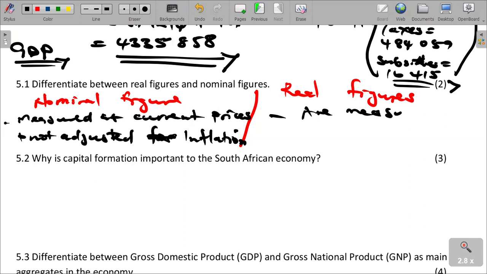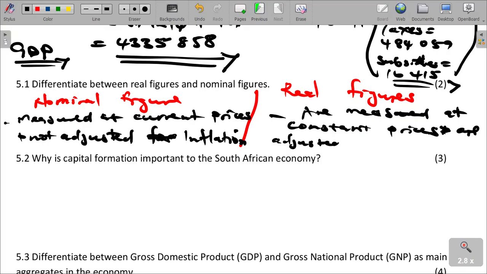Real figures are measured at constant prices, and what happens is that they show the true purchasing power, because they are adjusted for inflation.